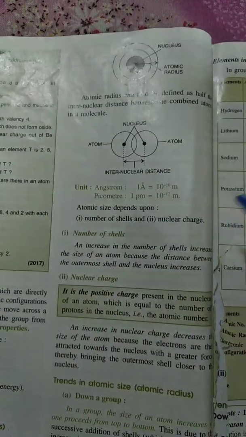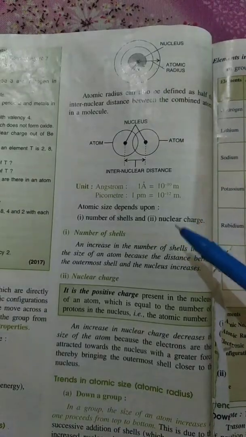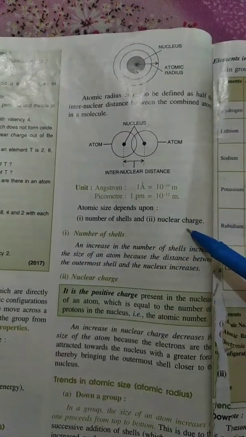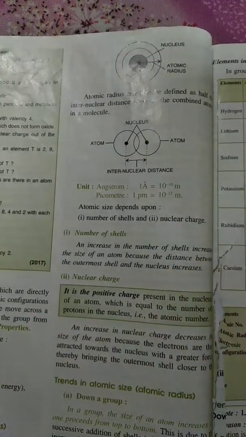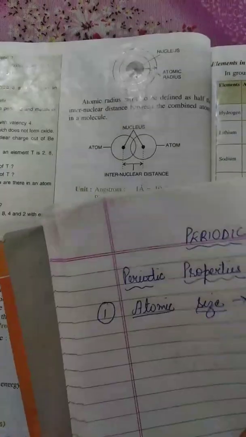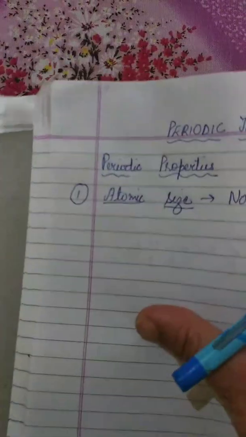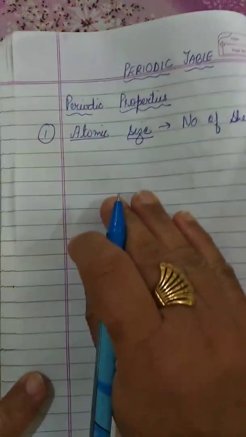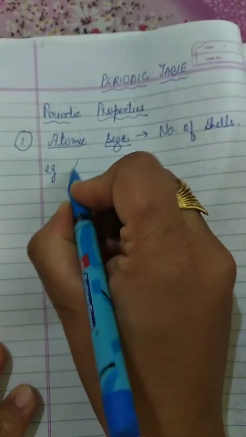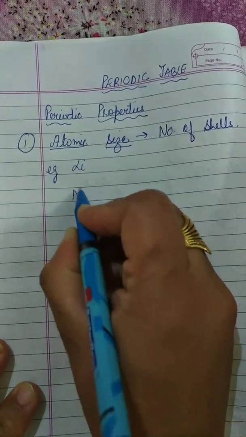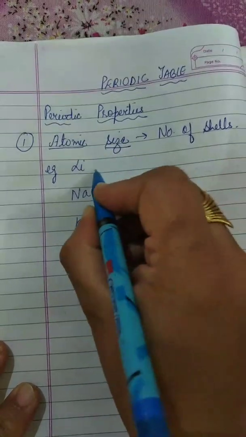Units of atomic size is angstrom or picometer. Atomic size further depends upon two factors, that is number of shells and nuclear charge. First is number of shells. As we move down the group, number of shells are increasing. Now let's take an example of group number 1. First member of group number 1 is lithium, then sodium, then potassium.